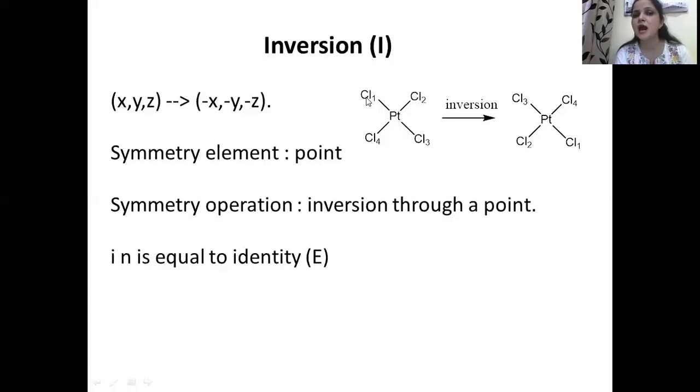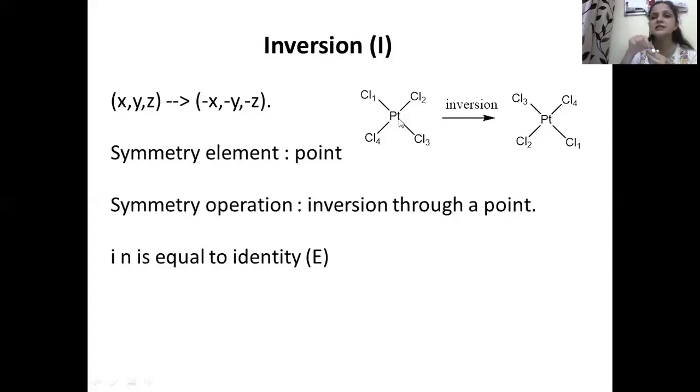What I am doing is extending Cl1 to Cl3 and Cl2 to Cl4, and they cross at a single point, platinum, and that point is called the inversion center. In this case, the symmetry element is a point. In the other cases, for the rotation axis, it was a line through which I rotated the molecule.